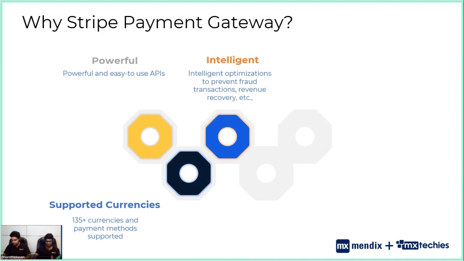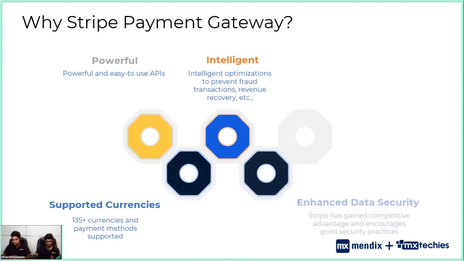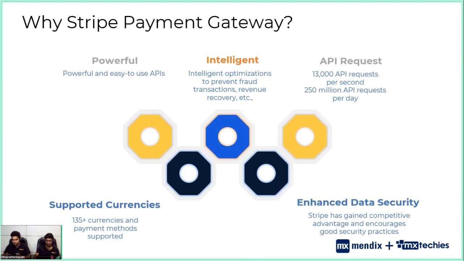Intelligent optimization prevents fraudulent transactions and encourages enhanced data security. And finally, around 13,000 API requests are processed per second, and 250 million API requests per day are processed in the Stripe APIs.